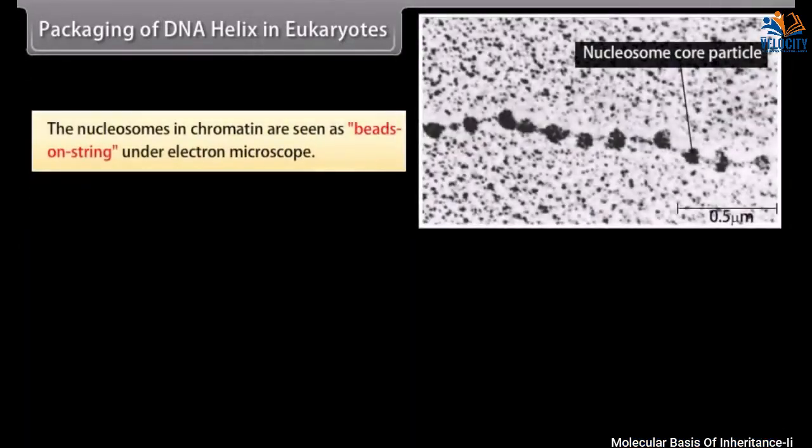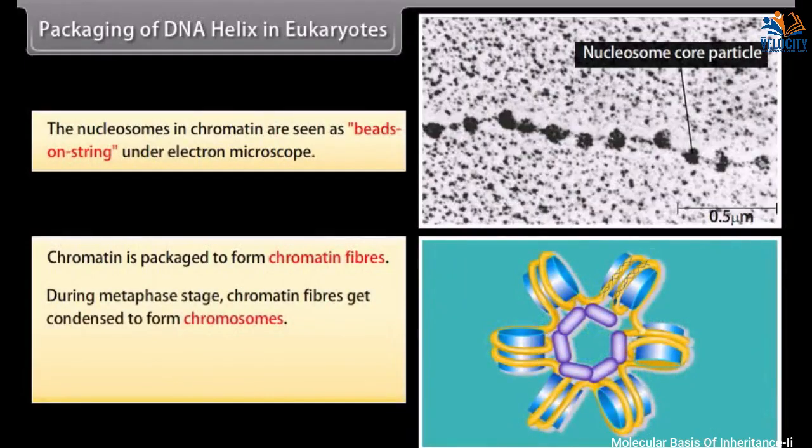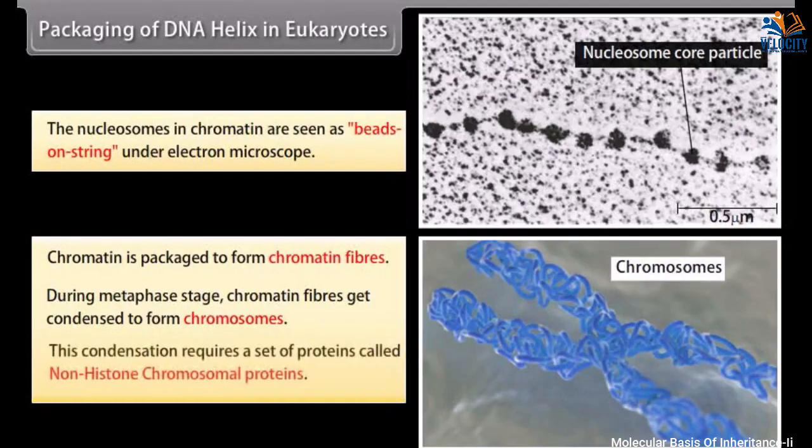The nucleosomes in chromatin are seen as beads on a string under an electron microscope. Chromatin is packaged to form chromatin fibers. During the metaphase stage, chromatin fibers get condensed to form chromosomes. This condensation requires a set of proteins called non-histone chromosomal proteins.